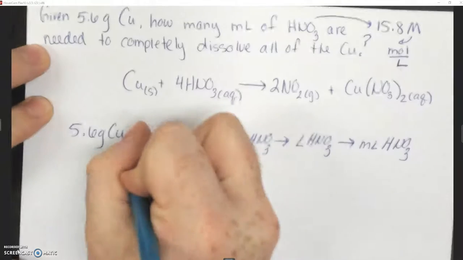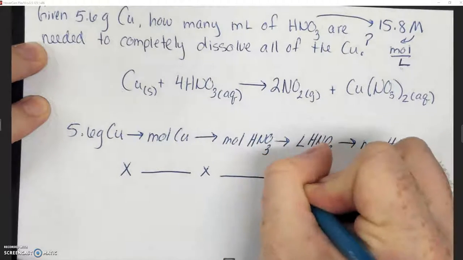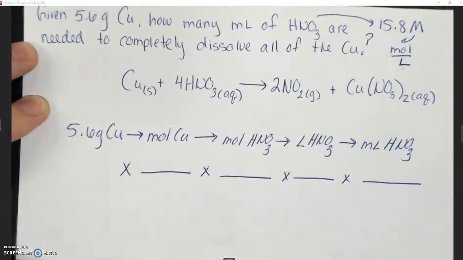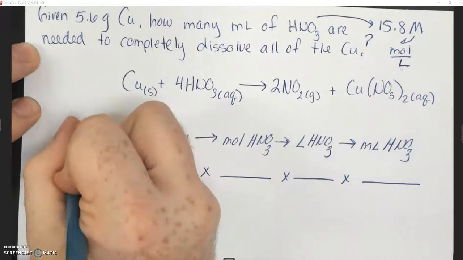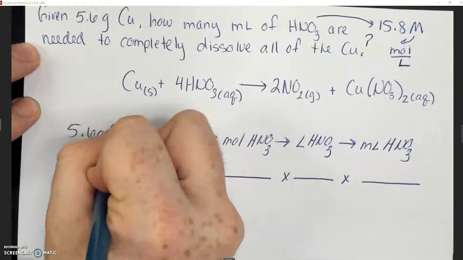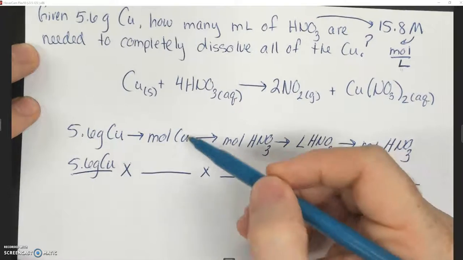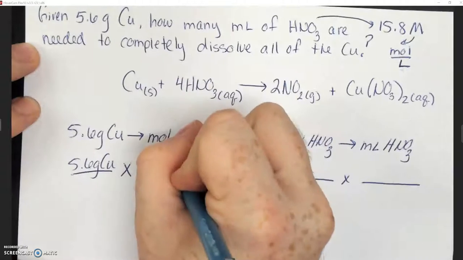All right, let's go ahead and make our fractions, just like we would any stoichiometry problem, except there are 5 this time, including this one over here. And we begin with 5.6 grams of Cu. We just bring down our map to the top of each fraction to make our numerators.